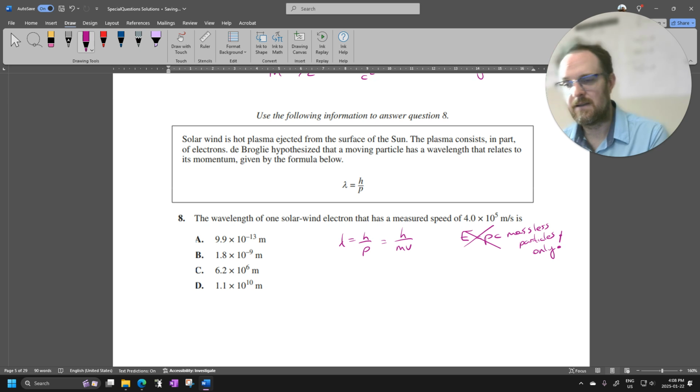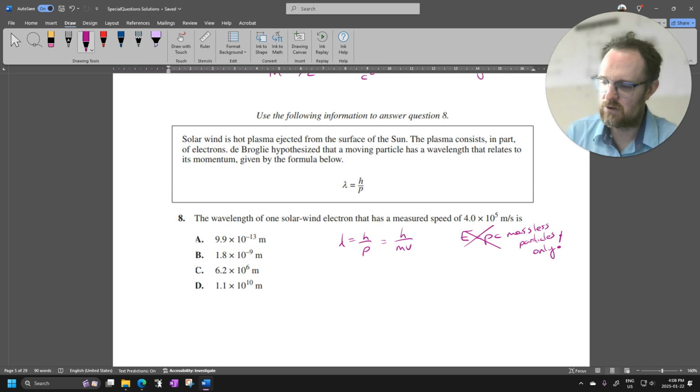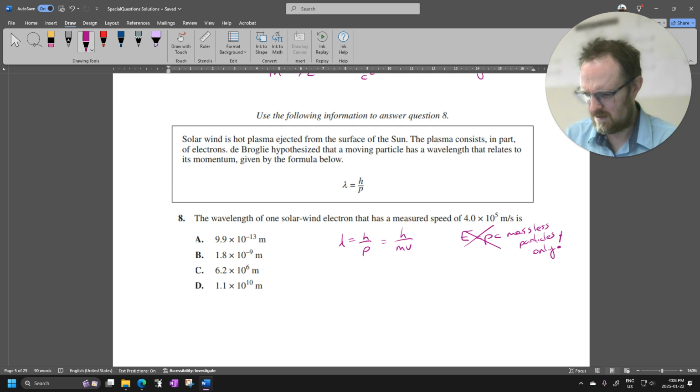Massless particles only, right? So I can't use that one. Because this has mass, it's an electron, I can use m times v. I'm not bothered writing this out. Just make sure you use the proper h, the 6.63 version, and the mass of an electron.